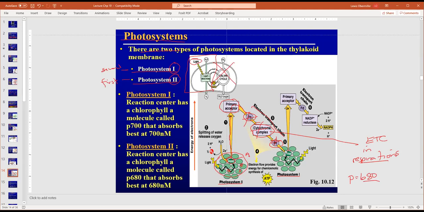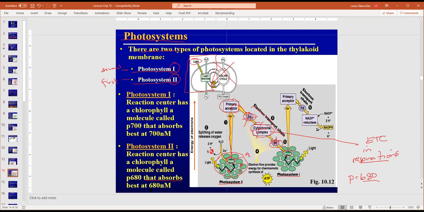This one's called P700, by the way. That's 680 phosphates. No, but remember that we're talking about electromagnetic wavelengths. And so the reason this is called P680, P stands for photosystem.